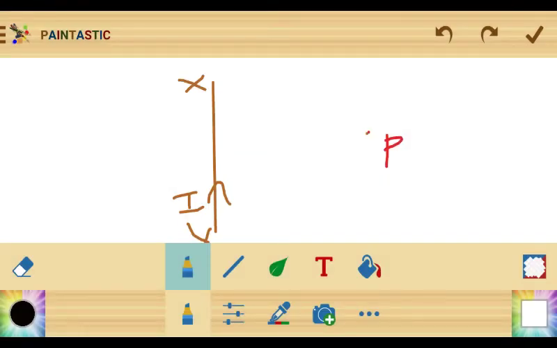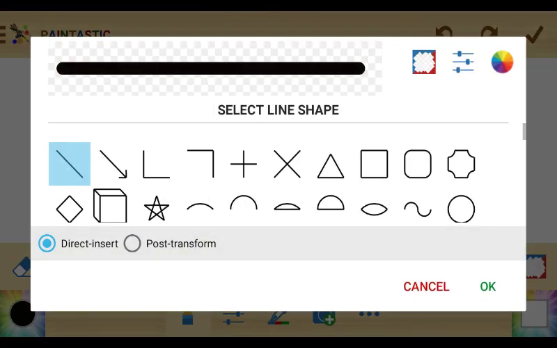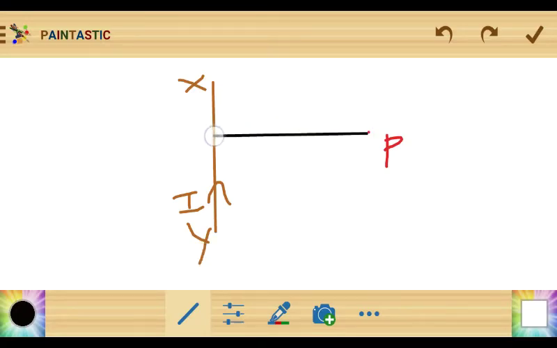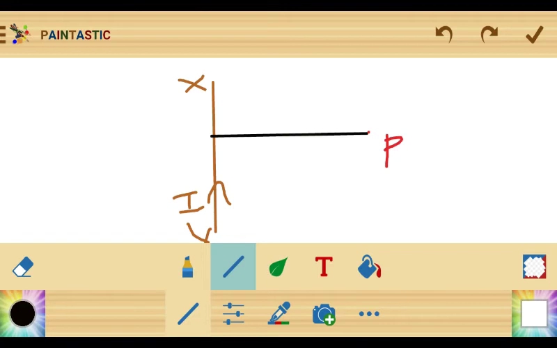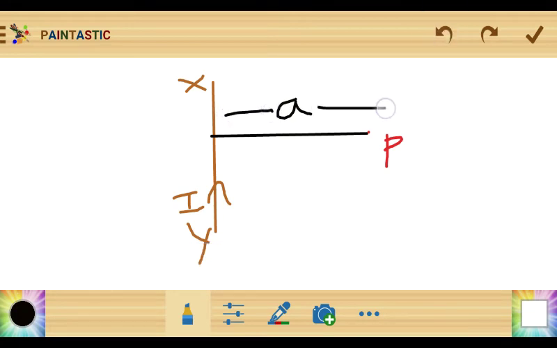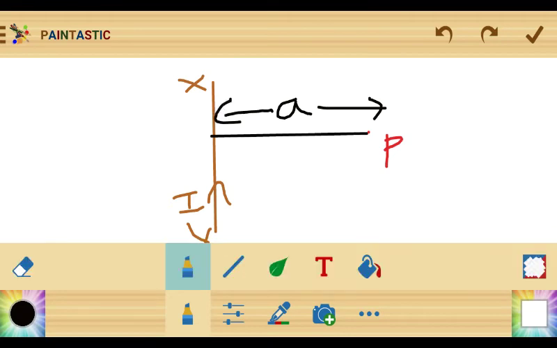From P, I draw a straight line perpendicular to the wire. Let the distance be A, so point P is perpendicularly at distance A from the wire. Let's name that foot point C.